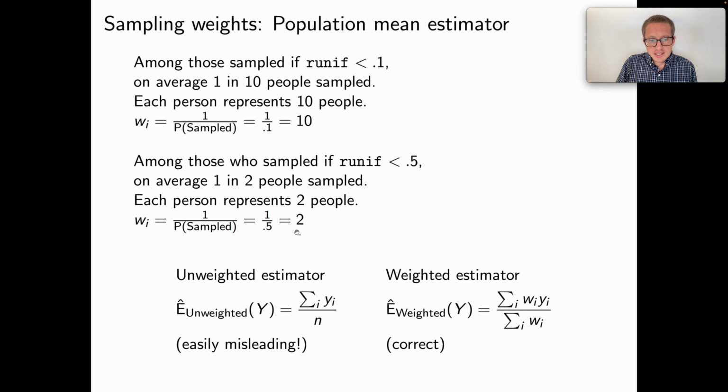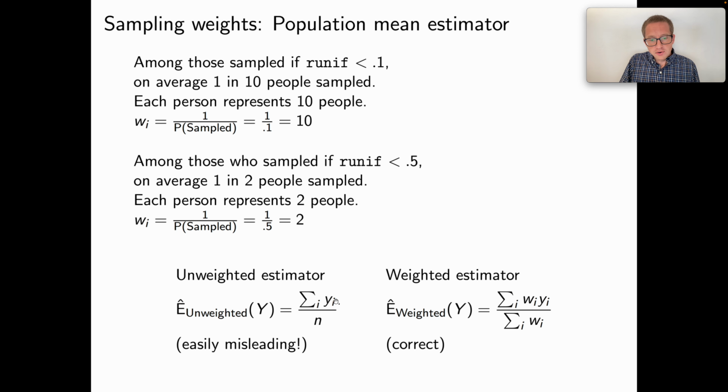Armed with sampling weights, we can move from the unweighted estimator of the mean to a weighted estimator of the mean. So let me start by talking about the unweighted estimator in math. The unweighted estimator says let's take a sum over all individuals i in the sample. So like i equals 1, i equals 2, i equals 3 might all be people in our sample.